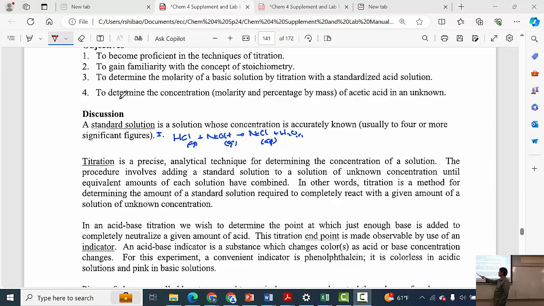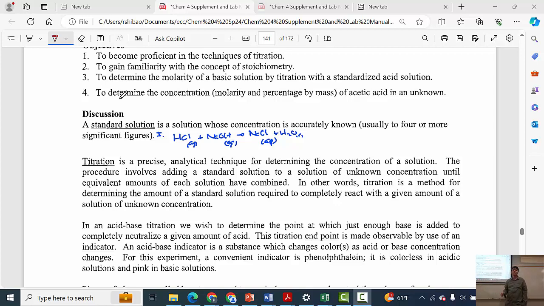A titration is a precise analytical technique for determining the concentration of a solution. It's not just for concentrations; we can do other things with titrations as well. The procedure involves adding a standard solution to a solution of unknown concentration until equivalent amounts of each solution have been combined.